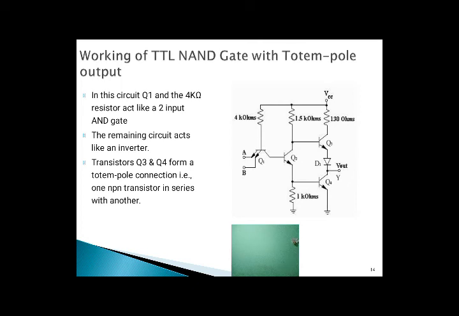Remember that there are two grounds, one for Q2 and one for Q4, and a diode is present in between Q3 and Q4 for performing the totem pole condition. It means NPN transistors are connected one on top of another.